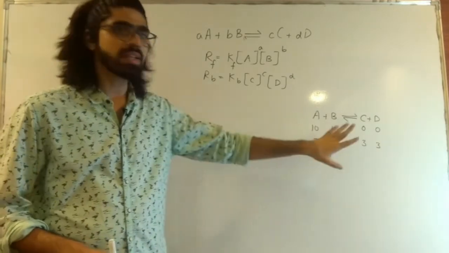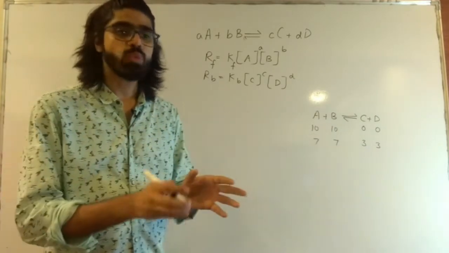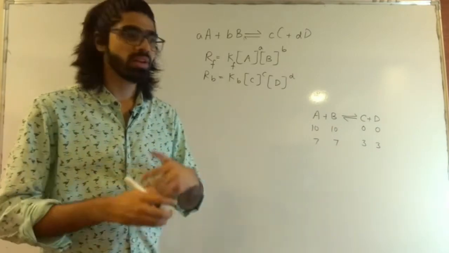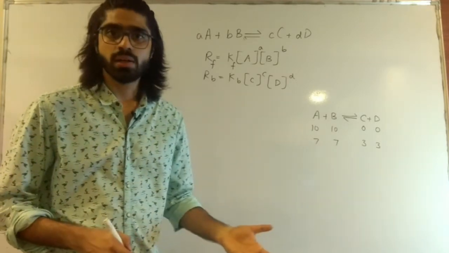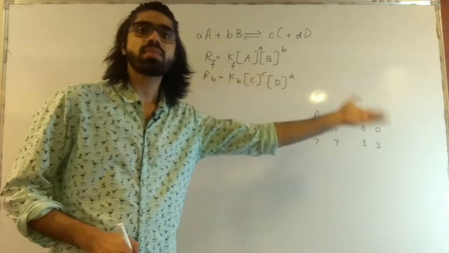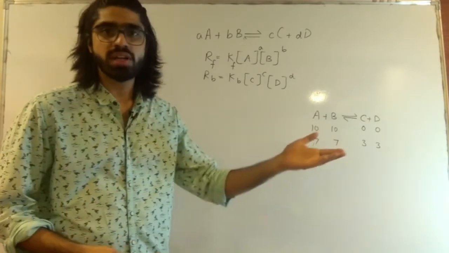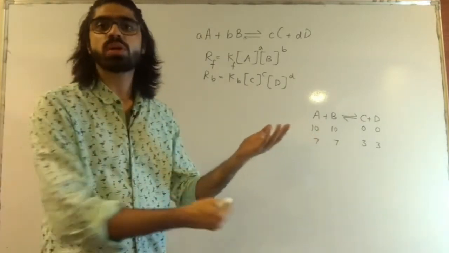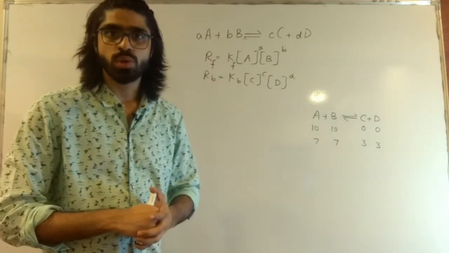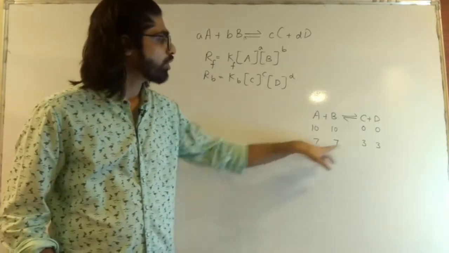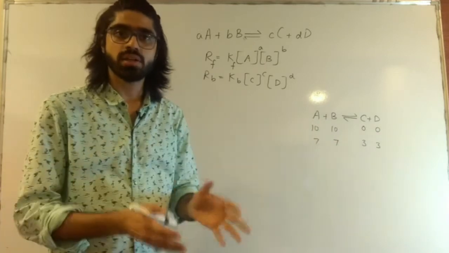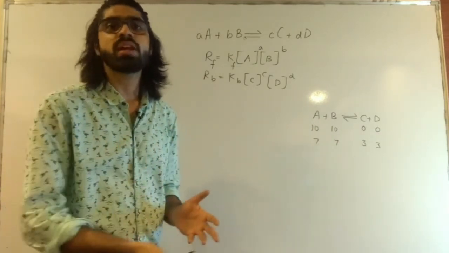So 7, 7, 3, 3 will remain, but at that point the things have not frozen or become stagnant. The forward reaction is going on and the backward reaction is also going on. It's just that the speed at which the forward reaction is going on has become equal to the speed at which the backward reaction is going on, and that is why the number of moles of A, B, C, D in the vessel remain constant.